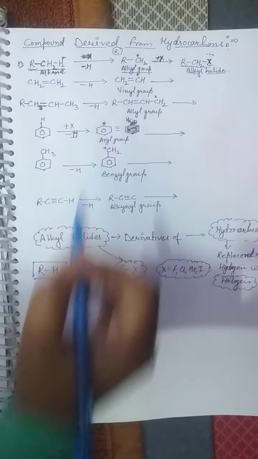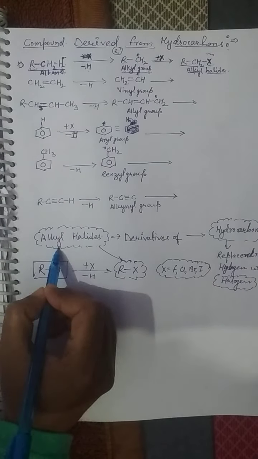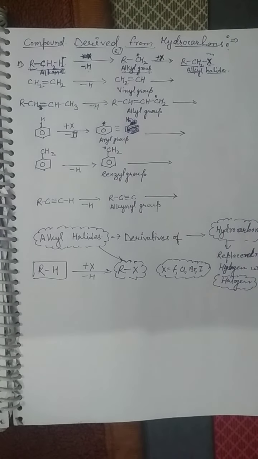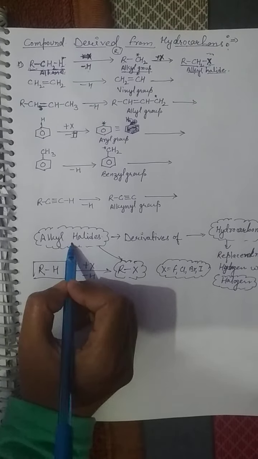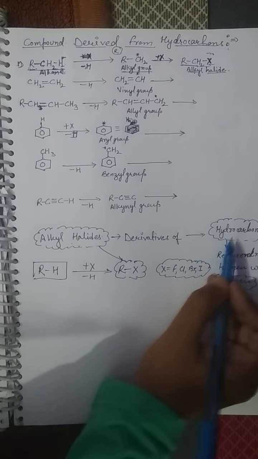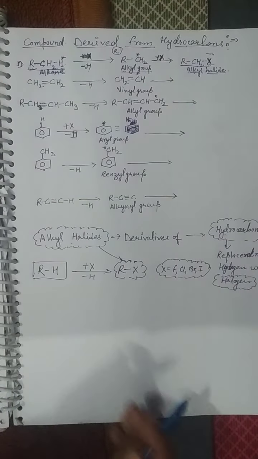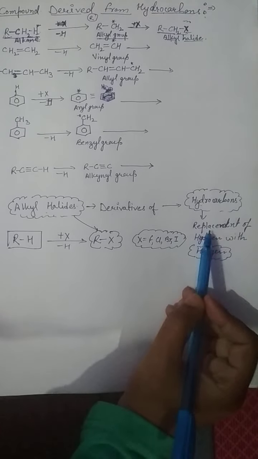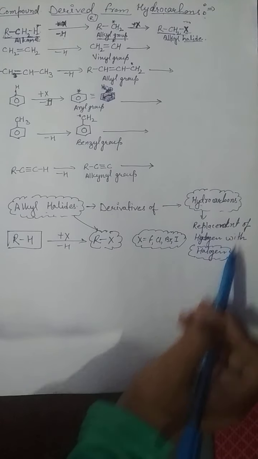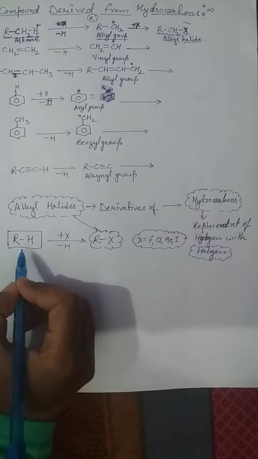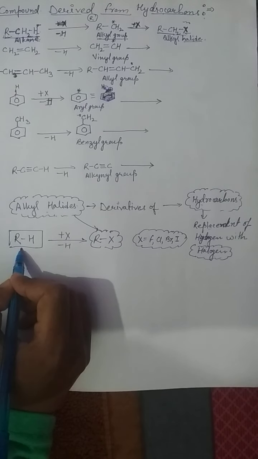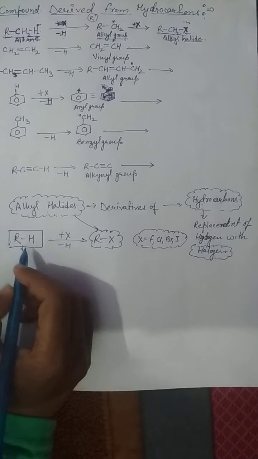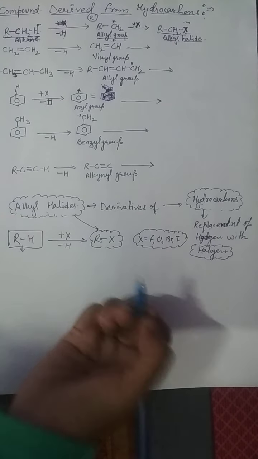Now if we have to define what alkyl halides are, you can simply say that alkyl halides are the derivatives of the hydrocarbons which are formed by the replacement of the hydrogen with the halogen. If we have the general formula RH, this is called the hydrocarbon, or simply the alkane.